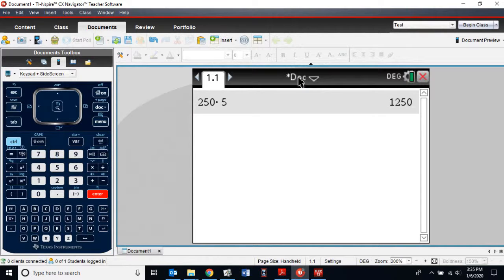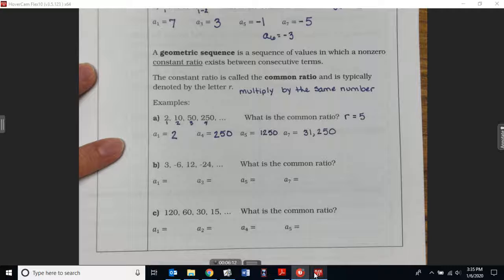That gives me my fifth term, which is 1,250. And then if I multiply that by 5, that's my sixth term, times 5 again is my seventh term. Okay, so there we go, I wrote out the numbers.